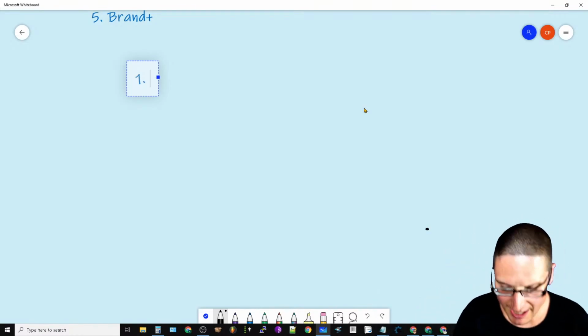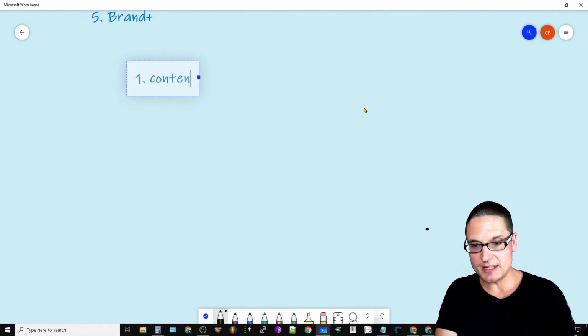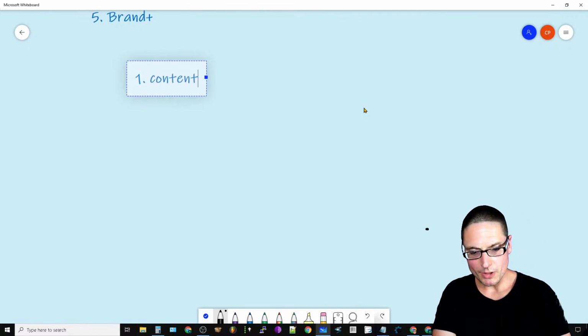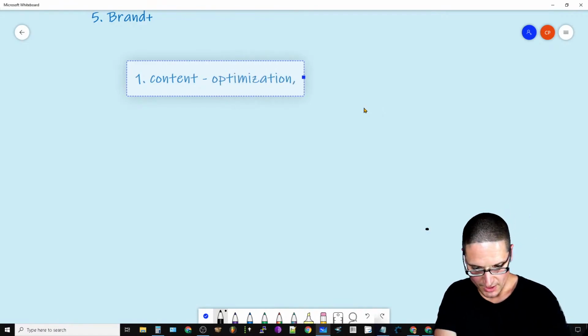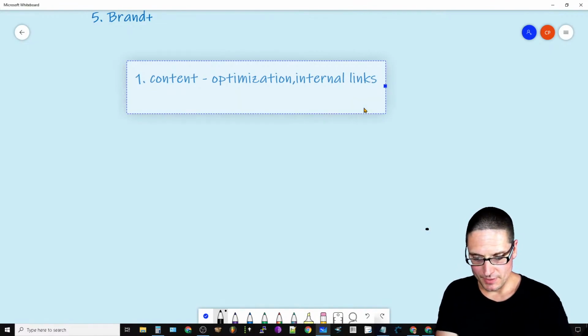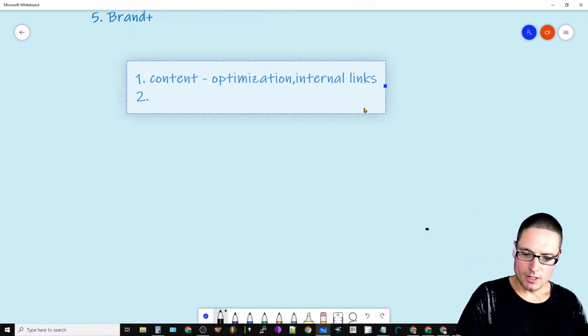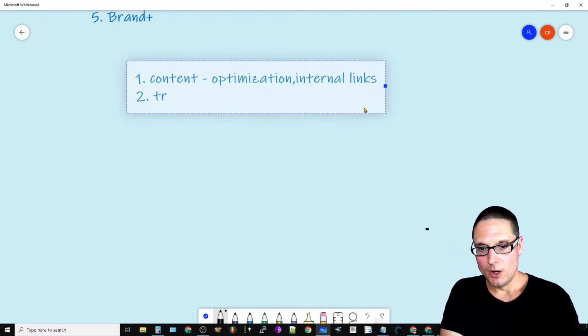So that's an excellent question. In my personal opinion, content is number one. And that includes optimization, internal links, right? Number two is going to be traffic.